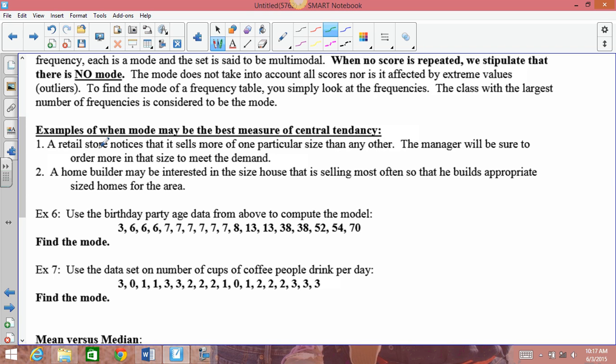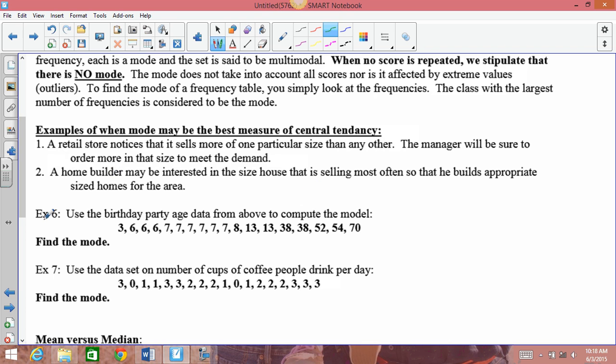So you, as the merchandise manager, would say, okay, let me be sure that I order more of those so that they sell and less of the other. Likewise, a home builder is going to be interested in what size home is selling most often, so that he builds homes that are appropriately sized for the area, because he wants them to sell, obviously.